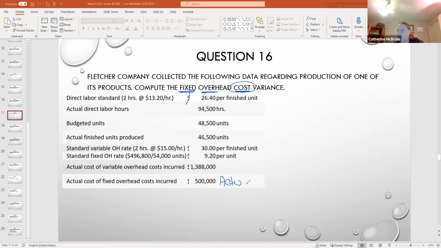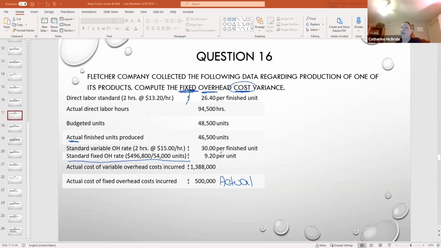They give it to us, so we need to figure out our budgeted cost. We have actual direct labor hours, budgeted units, actual finished units, our standard variable overhead rate and our standard fixed overhead rate. We're only worried about fixed overhead.